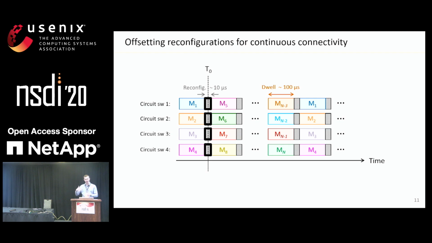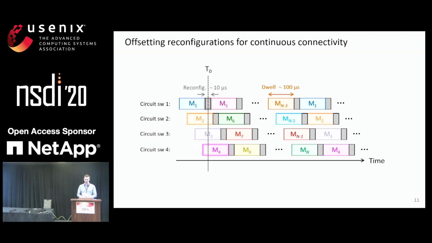If we were to reconfigure all circuit switches simultaneously, we'd have periodic windows where the network couldn't admit any traffic, and that could really hurt the latency performance of short flows. So what we do instead is stagger the reconfiguration of the switches so that at any given time, most circuit switches are active and we can get the expansion properties that we want at all points in time.